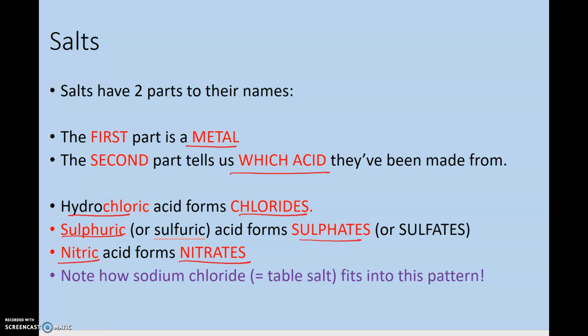So the way you can recognize, if you're trying to work out in the exam, if they have given you the acid what salt is forming, or if you've been given the salt, you can go back and try to work out what acid you had used in this equation.